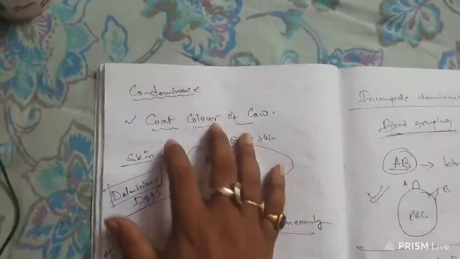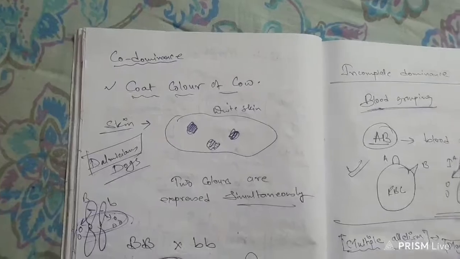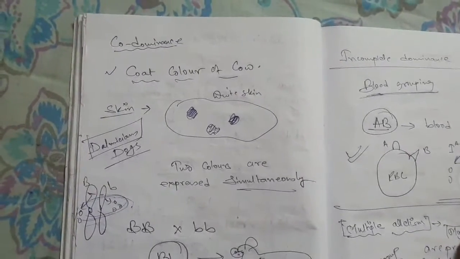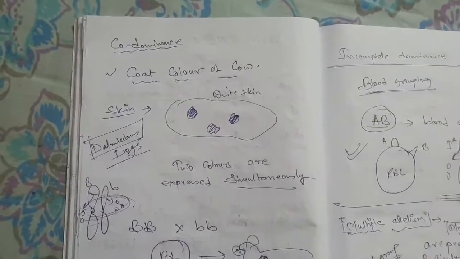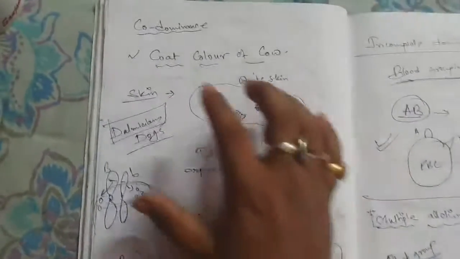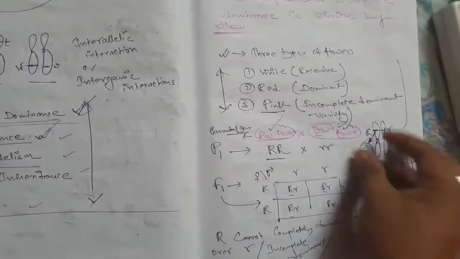Then I taught you about codominance, where I gave you the example of coat color of cow. The coat color of cow can have white skin and dark patches on that, or dark skin and white patches on that. Now what is happening in incomplete dominance? Both are dominating, incompletely dominating.